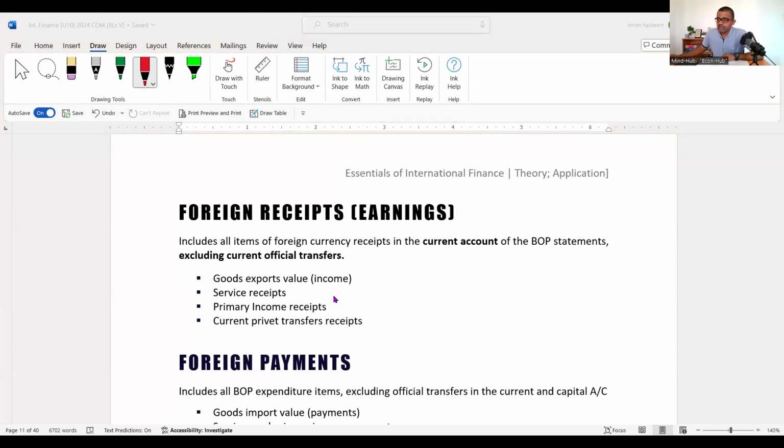Now here, I have used the word earnings with a certain purpose, right? So you can remember item by item. Okay, we have goods, exports value, service receipts, primary income receipts, and current private transfer receipts.